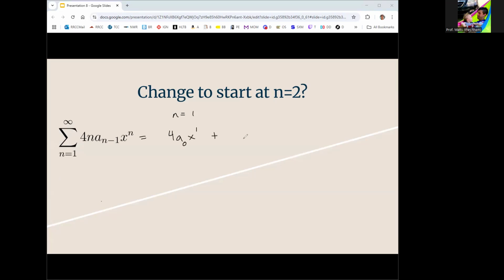And then when n equals 2, 4 times 2 a1 x squared. And then when n equals 3, 4 times 3 a2 x cubed. And this 4a0x is all you need to pull out because the sum from n equals 2 to infinity is all the rest of the terms. So we're able to change that one to start at n equals 2 by just pulling out the n equals 1 term.